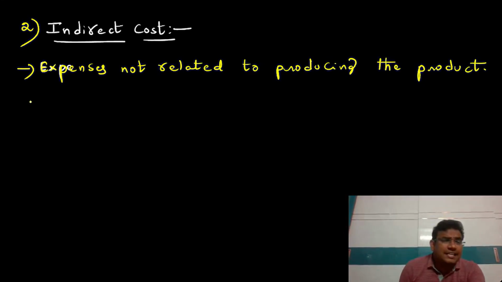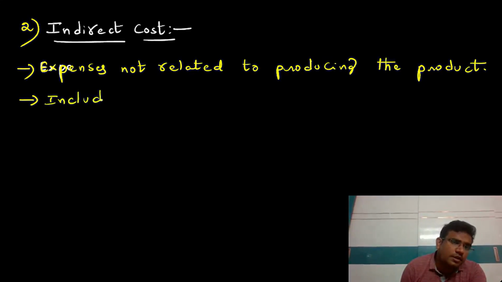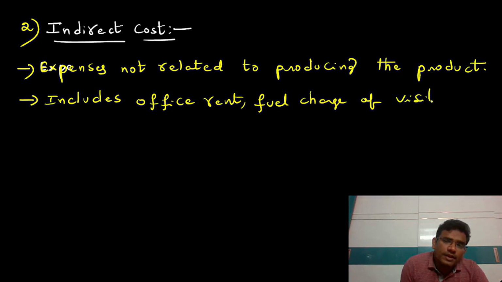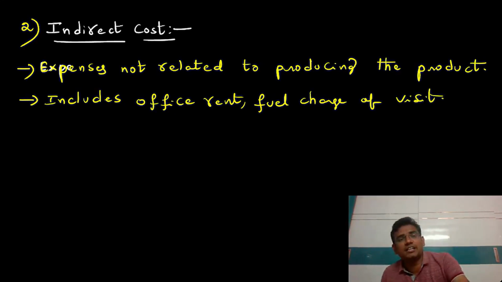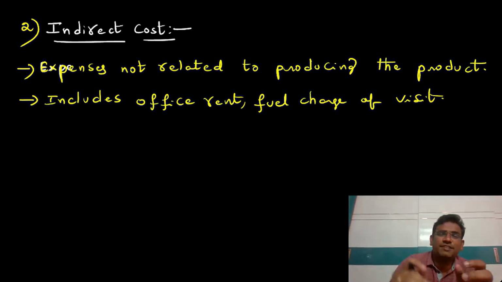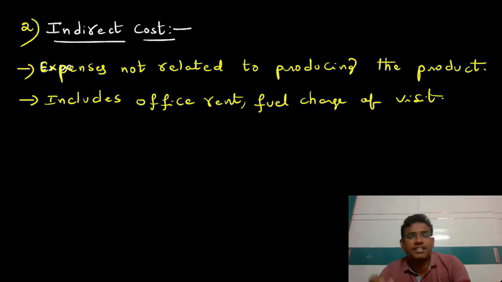So this indirect cost includes office rent, fuel charge of visits, this kind of things. I hope it is clear to all of you. So this is one kind of classification, guys.